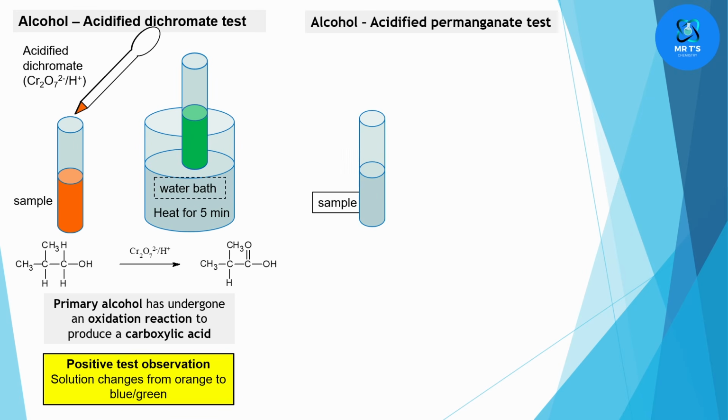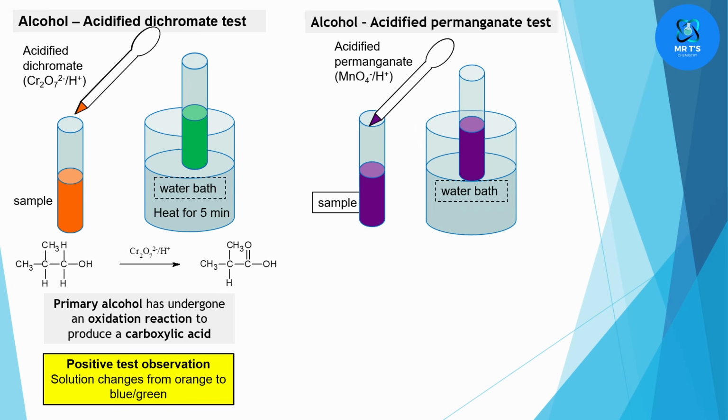We could also use acidified permanganate, which is another oxidizing agent, and it is purple. Its formula is MnO4- with H+ because it has been acidified. If the purple acidified permanganate is added to the sample, we can put it in a water bath and heat it for 5 minutes. It will go colorless.